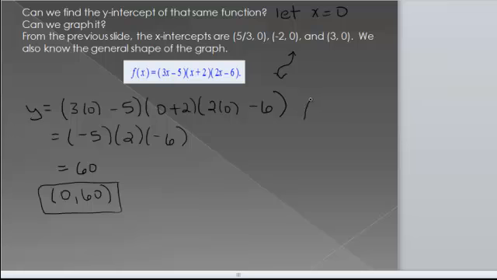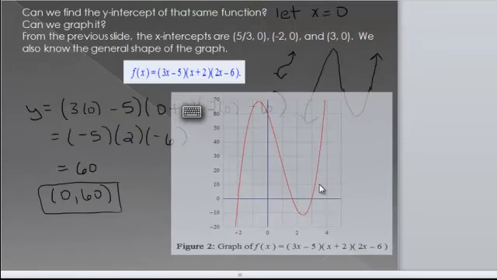It's actually going to go across at -2. It's going to go up somewhere, all the way up to 60 maybe. It's going to come back down, and it's going to go through the point 5/3, 0. It's going to go down, it'll come back up, and it'll go through the point 3, 0. So the graph will probably look something similar to this one.